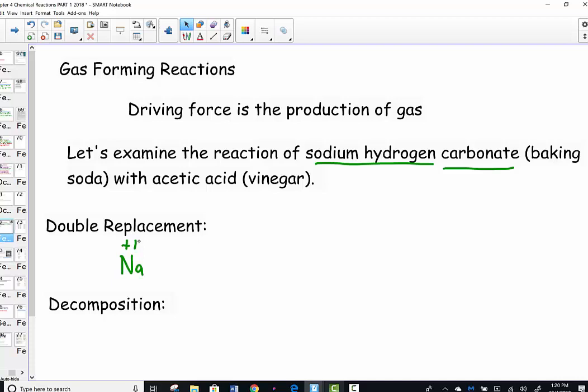Hydrogen carbonate or bicarbonate has a formula of HCO3 -1. So sodium's +1 is electrically balanced with bicarbonate's -1. Sodium hydrogen carbonate, baking soda. It's in an aqueous solution, as all of the double replacement patterns must be in an aqueous solution so that these ions have a way of exchanging.